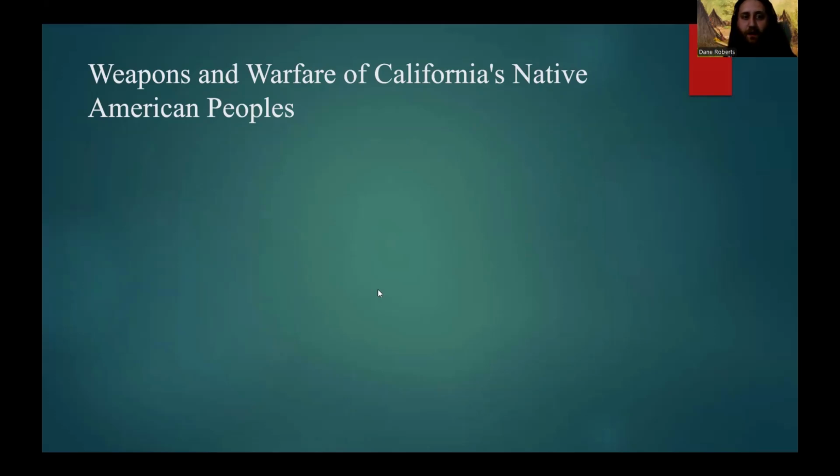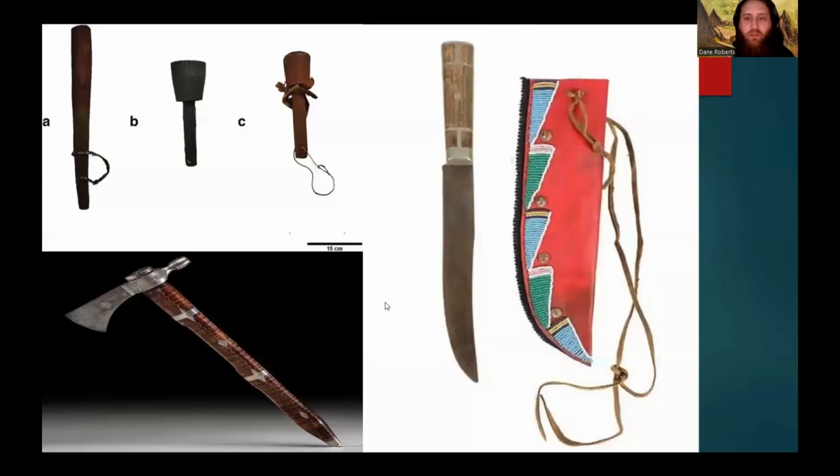So the weapons and warfare of California's Native American peoples, of course, varied greatly, with the various weapons being used including, but not limited to, various war clubs, as well as knives, and at some point after contact with Europeans in the United States, depending on region, various Native American nations in California began to use tomahawks and hatchets.